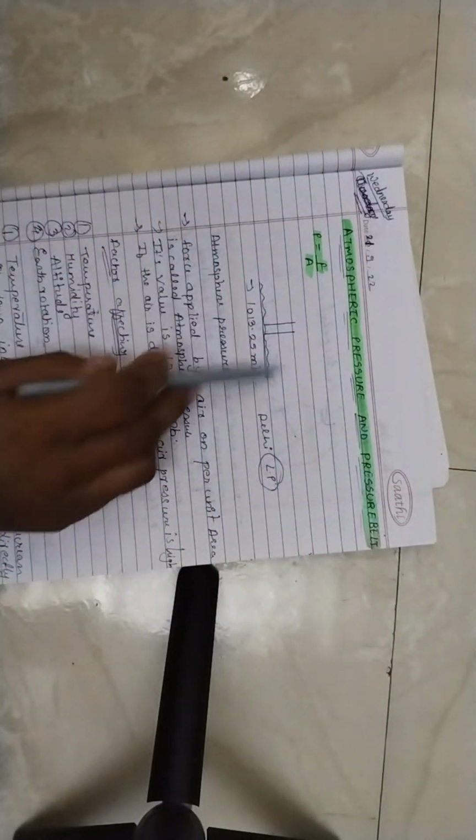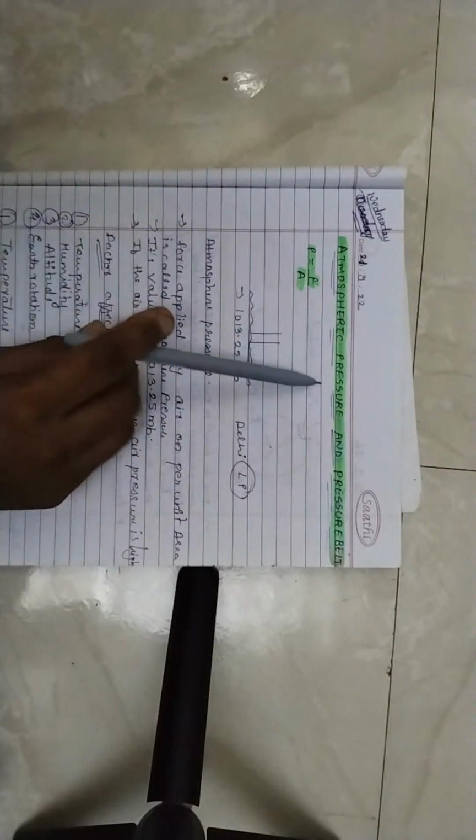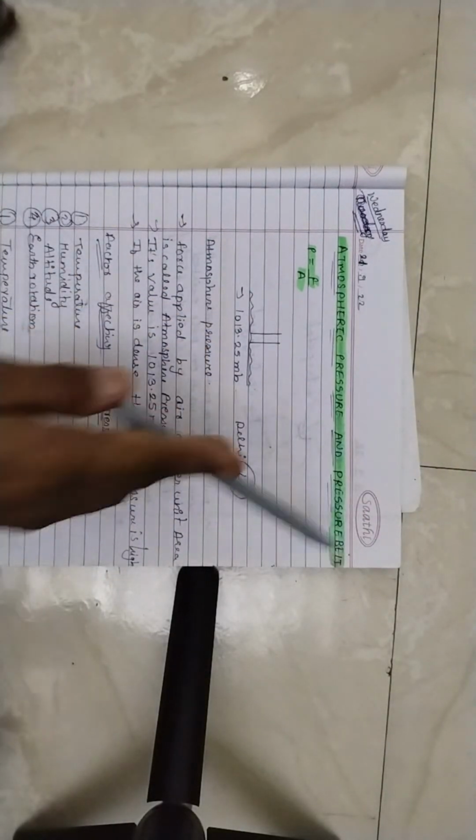And after this, now atmospheric pressure and the pressure belts. What is atmospheric pressure and the atmospheric pressure belt?